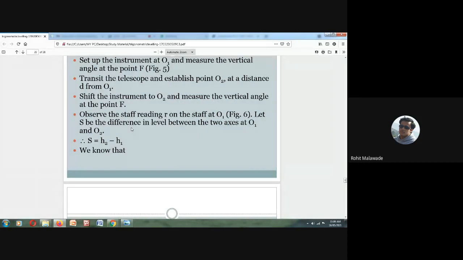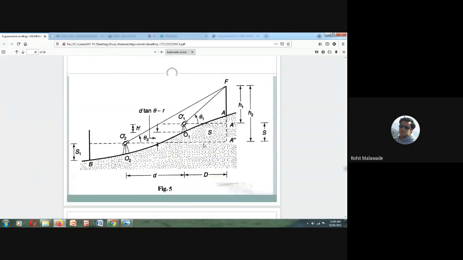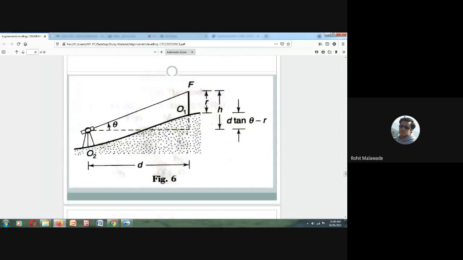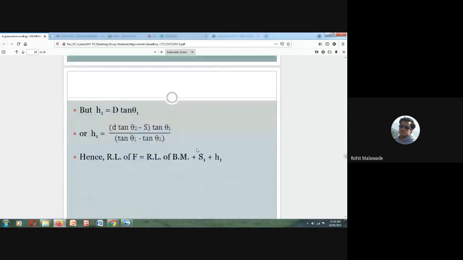Then observe the staff reading R on a staff at O1. We are going to fix this position and have the staff reading at O1.